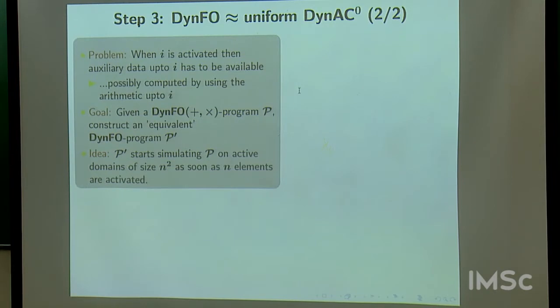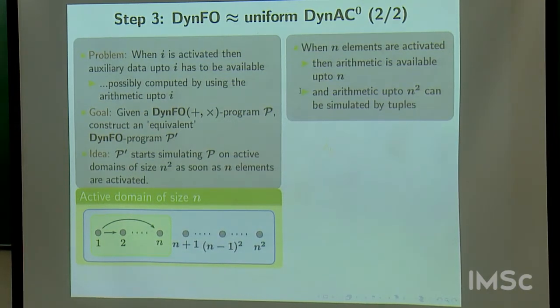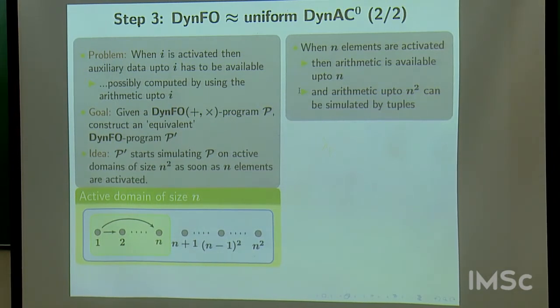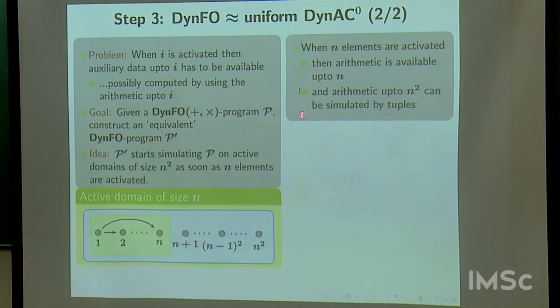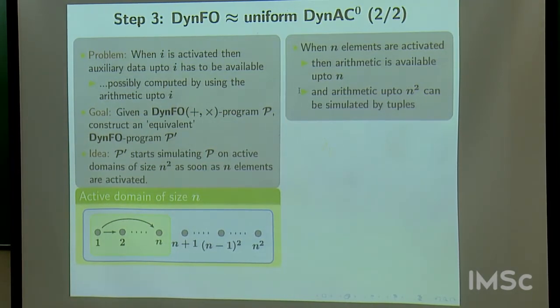The basic idea is you accelerate, so you run many things in parallel, and you run the simulation for a larger domain in parallel with the smaller one. So when n things are available, you already start simulating n squared, and arithmetic up to n squared can be simulated by pairs in first order, correct?